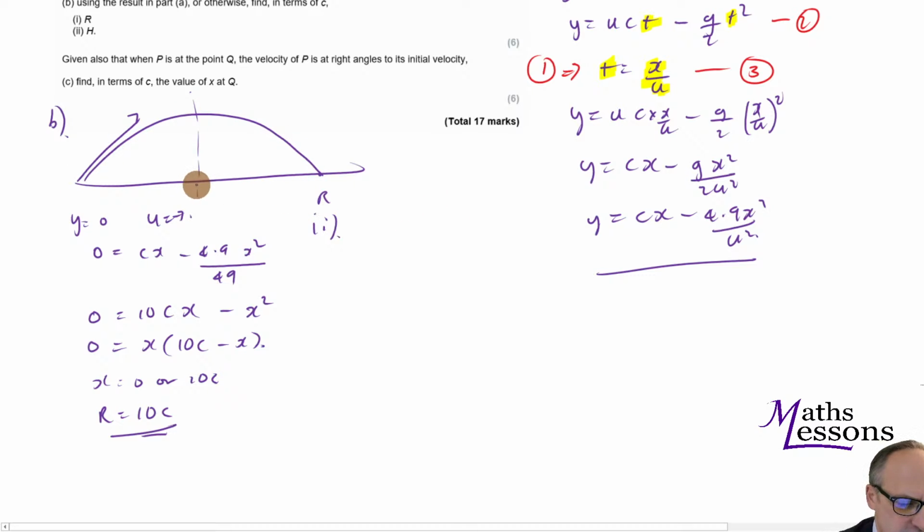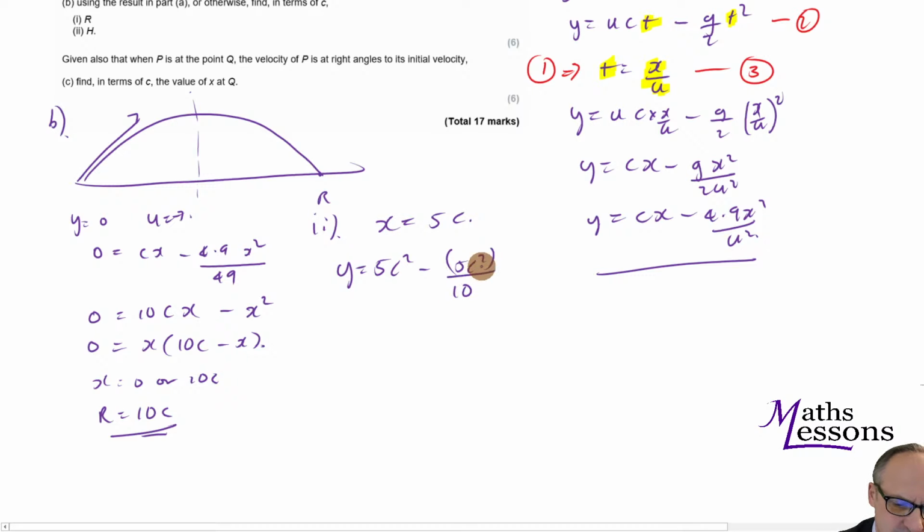So we know that this is going to come at the midpoint, so if R equals 10c, then the x value at this point will equal 5c. We can just substitute that into this equation. So we get y equals 5c squared minus, we know that 4.9 over 49 is going to give me 1/10, so 5c squared over 10.